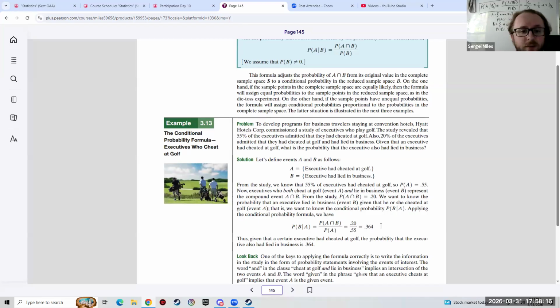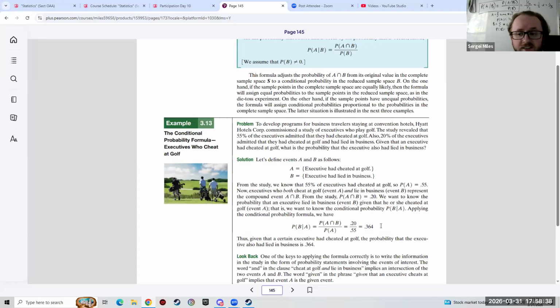Now, we do have to be careful anytime we're trying to make predictions or generalizations with statistics, right? We've talked about this back in chapter 1. This does not mean that somebody who cheats in golf is guaranteed to also lie in business, right? Correlation does not mean causation. Just because someone cheats in golf does not mean they cheat in business.